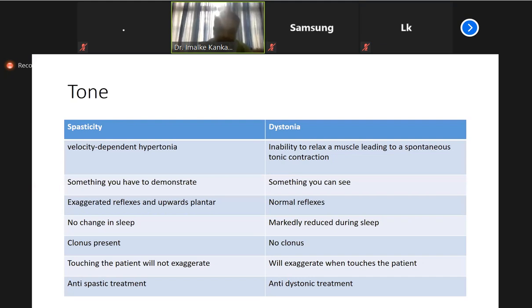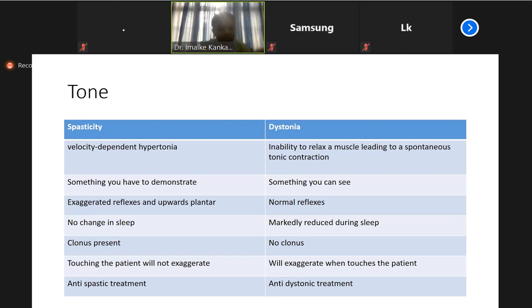In spasticity, touching the patient will not exaggerate the tone, but in dystonia, once you touch the patient, it will exaggerate the dystonia. The treatments are totally different in these two conditions, so it's important to appreciate them as two separate entities.